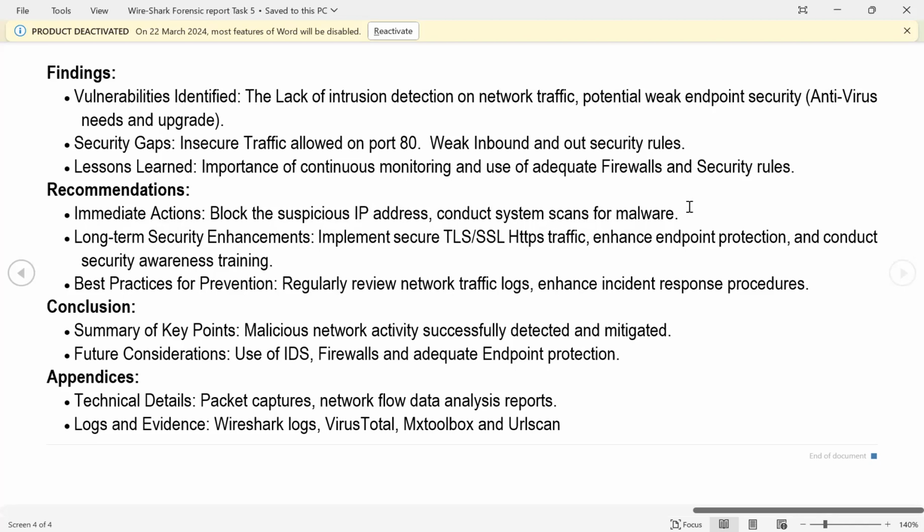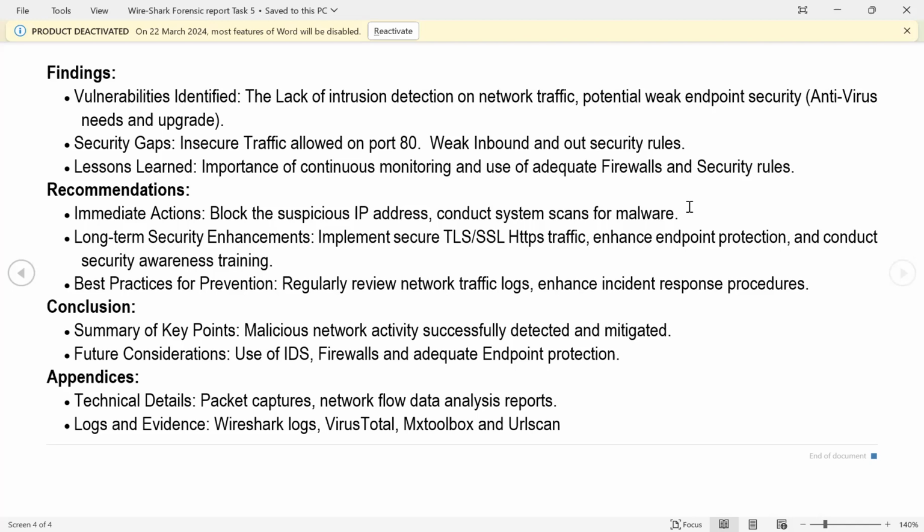for malware. So then we have the long-term security enhancements, yes, so that we don't keep having these sorts of incidents happening consistently.